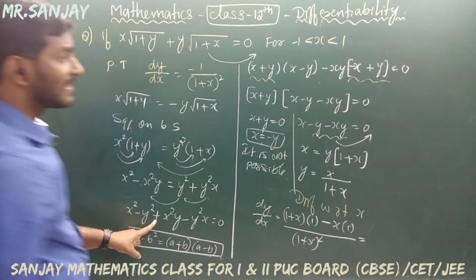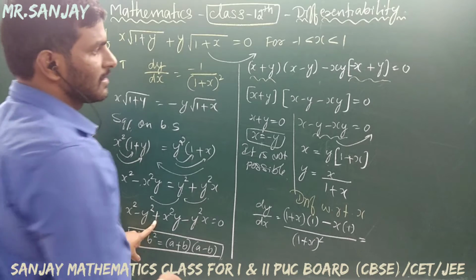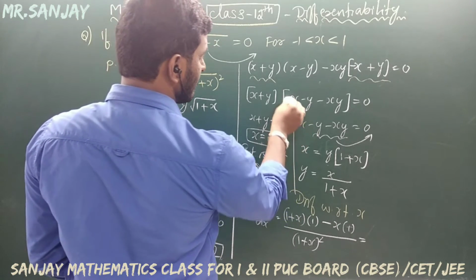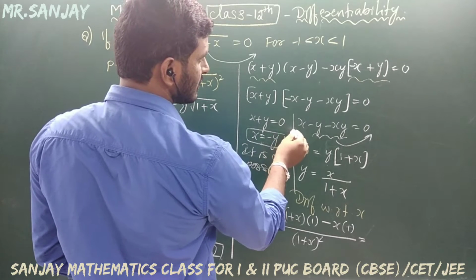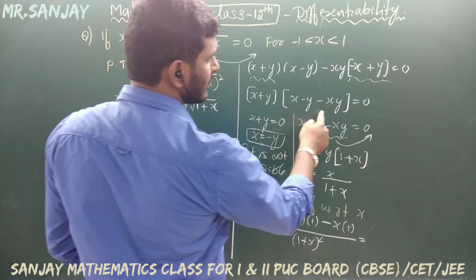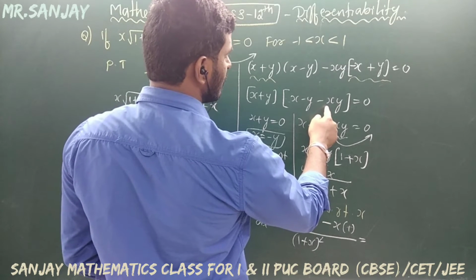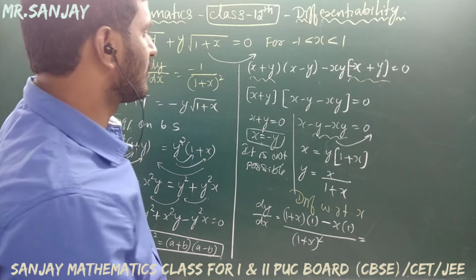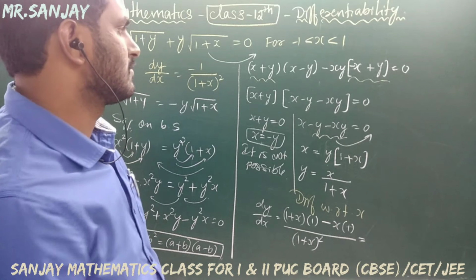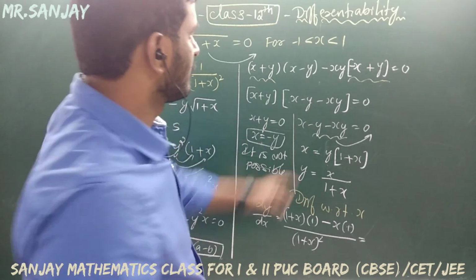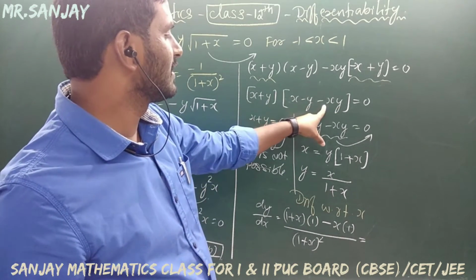Then we are taking minus as a common there, and minus x. Okay, this is plus. So x minus y is common. No, x minus y and minus x.